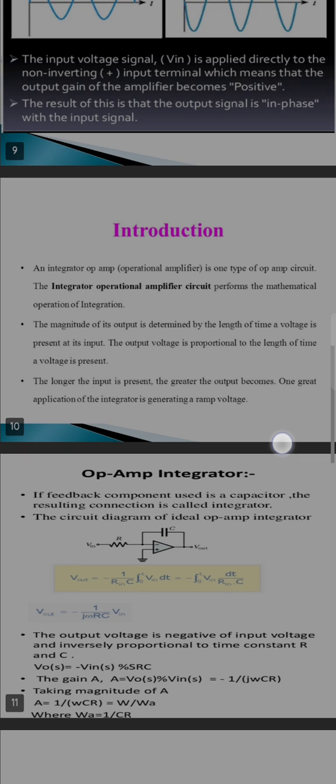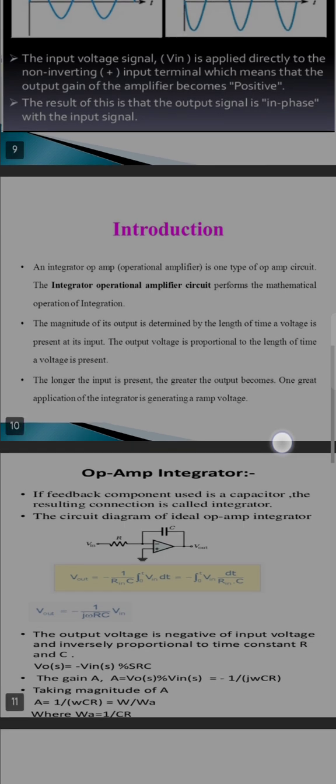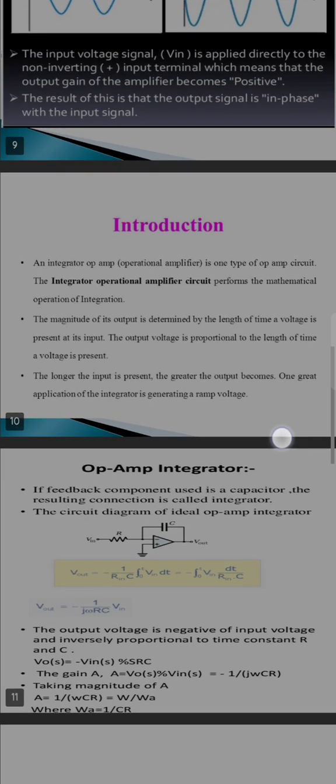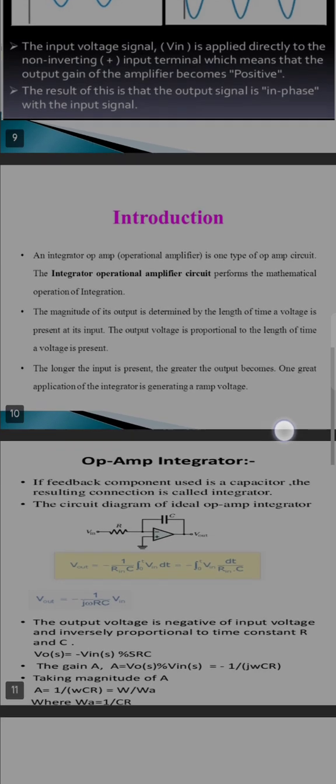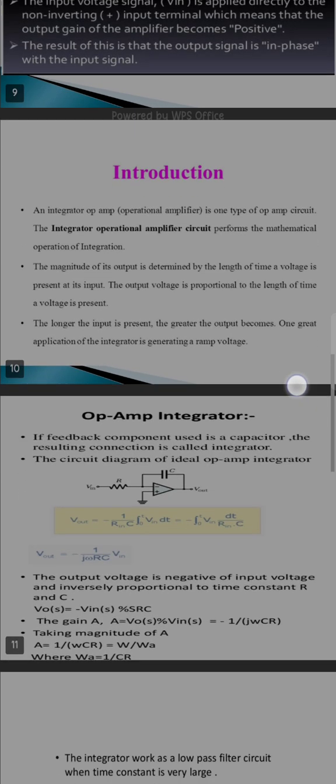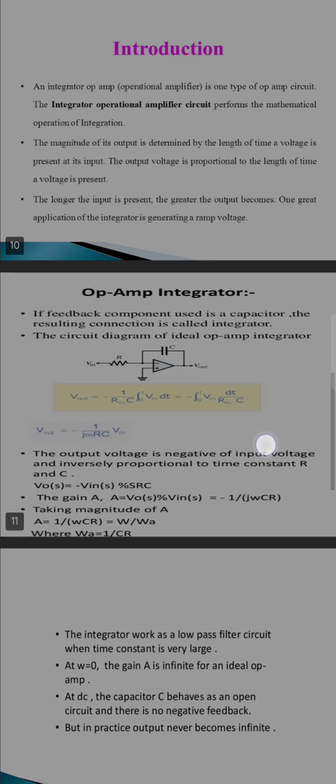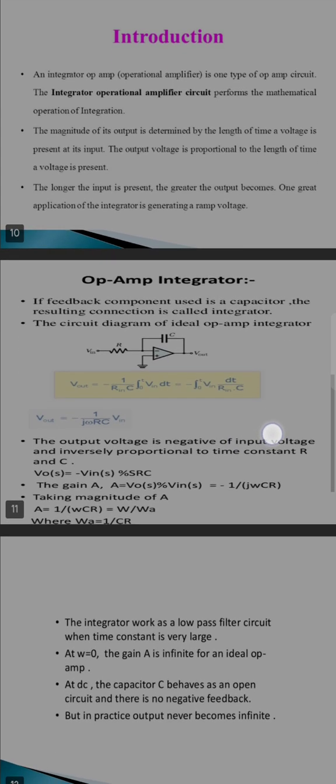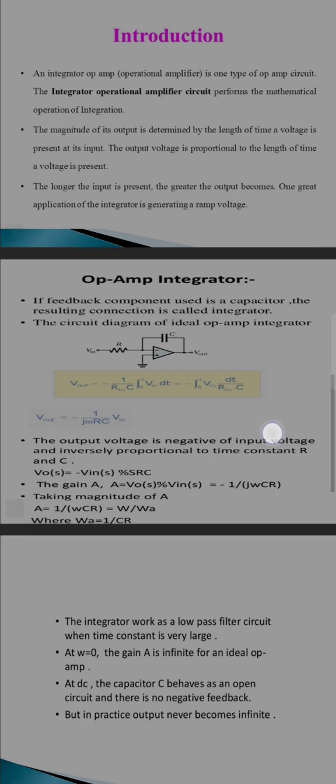The longer the input is present, the greater the output becomes. One great application of the integrator is generating a ramp voltage. In the operational amplifier integrator, the feedback component used is a capacitor. The resulting connection is called an integrator.